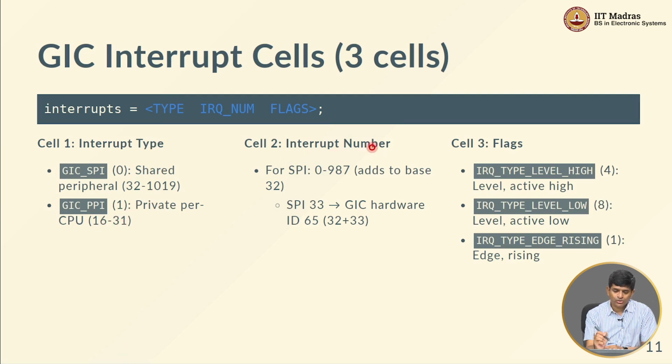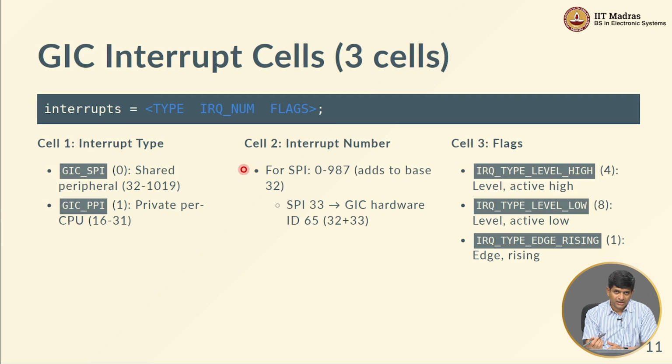Now cell 2 is an interrupt number, and for whatever reason, even though we know that the SPI interrupts only start from number 32, this IRQ number starts from 0 and we have to add 32 to it. So let us say that I have something at IRQ number 7, then I would provide 7 here, but physically that corresponds to interrupt number 39, because that is what is connected at this particular location inside the GIC.